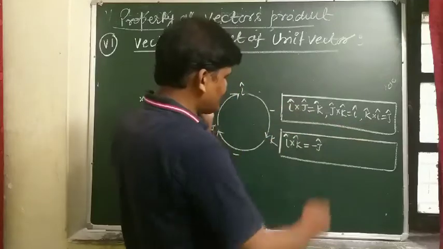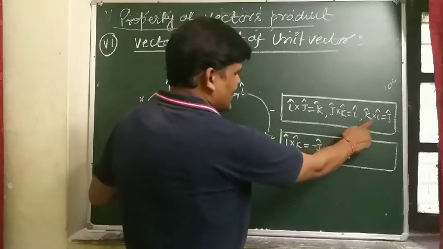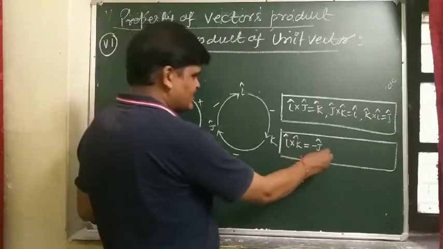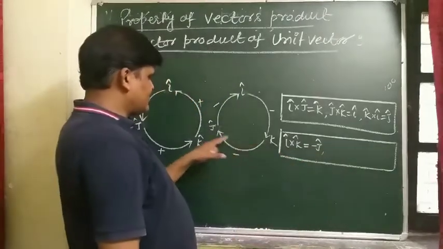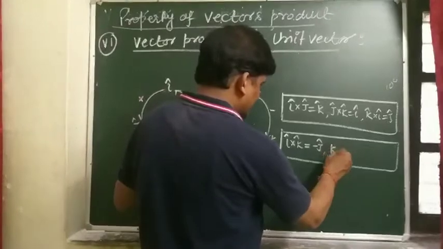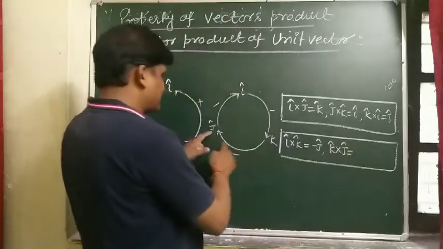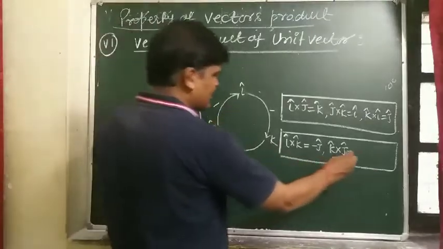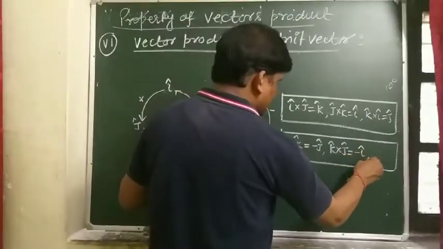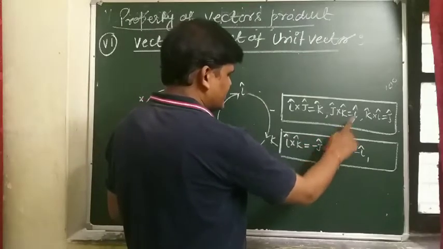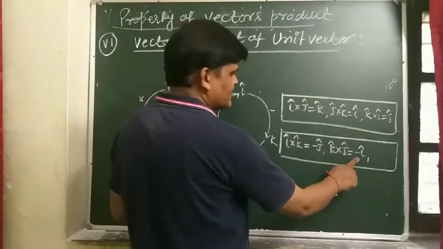See here, k cross i is plus j, but i cross k is minus j. K cross j, in the clockwise direction, is minus i. And j cross k is plus i, but k cross j is minus i.